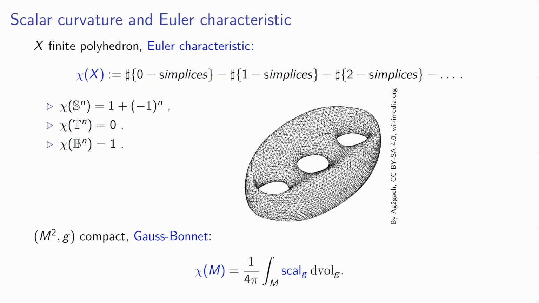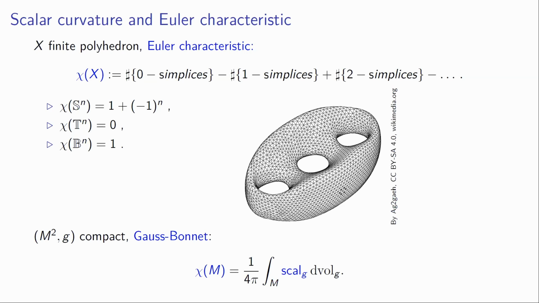And okay, so if you have a complicated object, then you can write down a triangulation with tiny triangles, you have to count a lot, but in the end, if you take this sum with alternating signs, then you get always the same number, independent of what triangulation you take. Okay, and so this homological invariant chi of M can be computed using the scalar curvature.